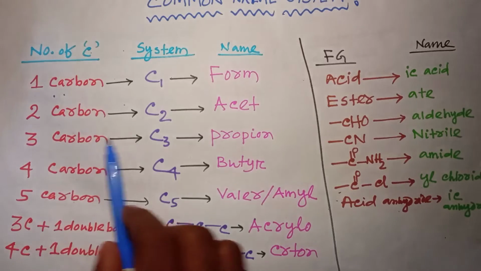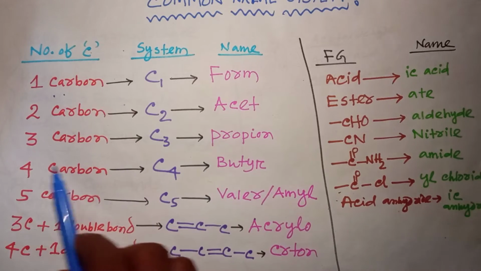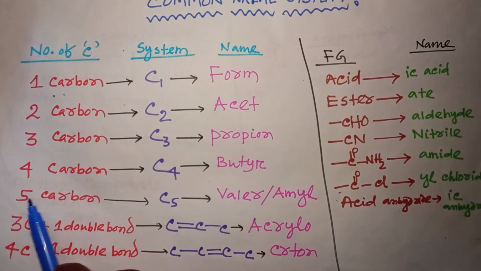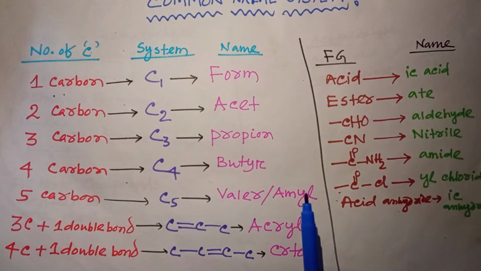For 3 carbon atoms, you use the word propion. For 4 carbon atoms, you use the word butyr. For 5 carbon atoms, the word valer or amyl is used.